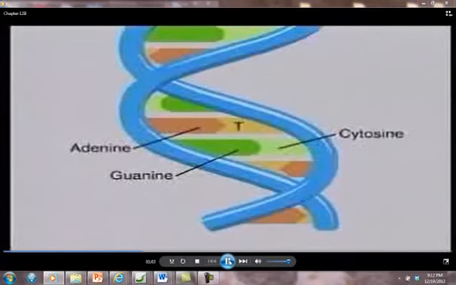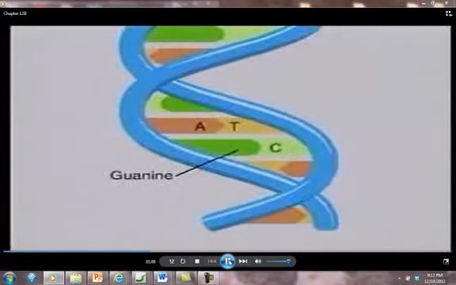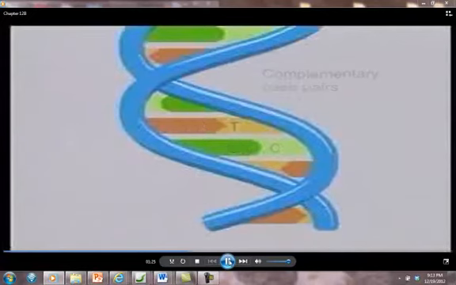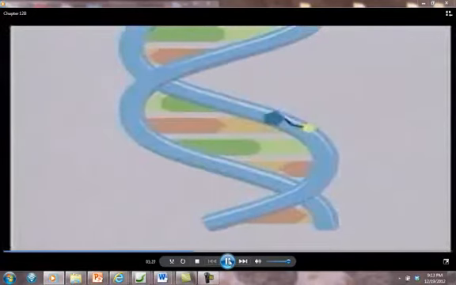T stands for thymine, A for adenine, C for cytosine, and G for guanine. T always pairs with A. C always pairs with G. A TA pair and a CG pair are called complementary base pairs. Each group of phosphate, sugar, and base is called a nucleotide.